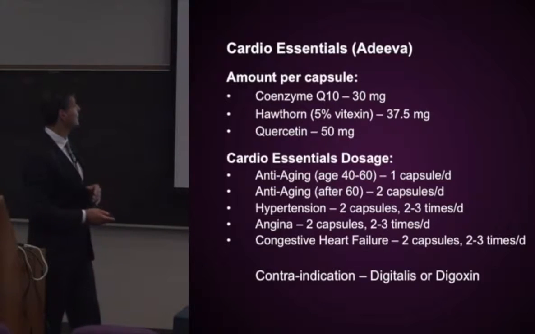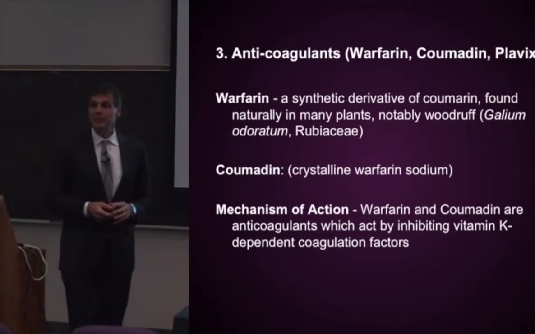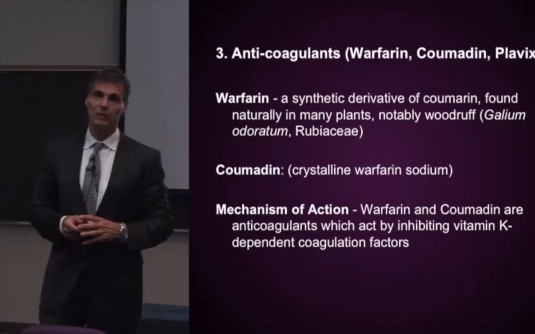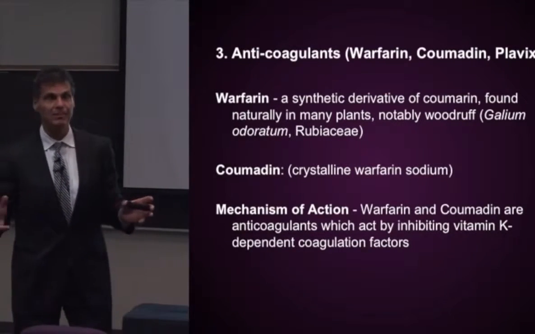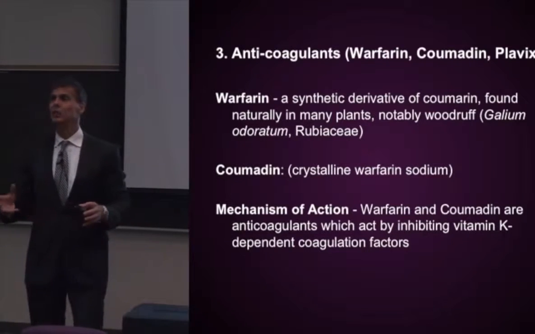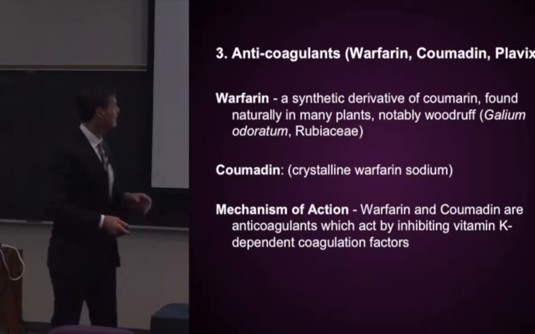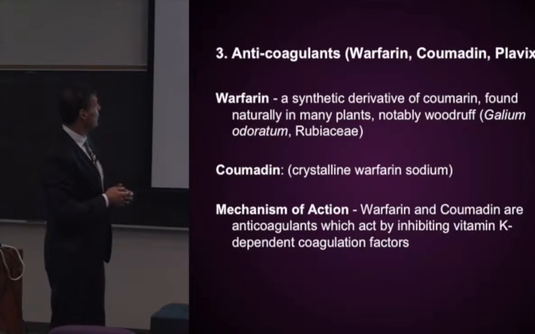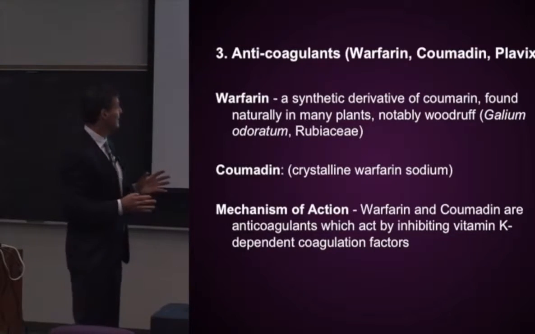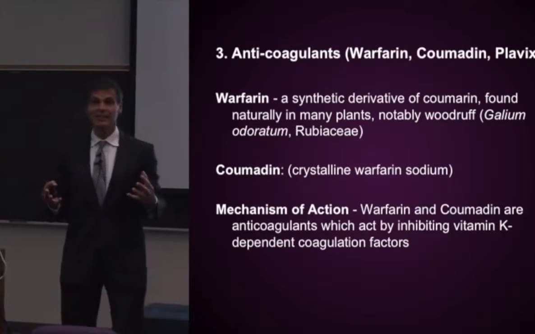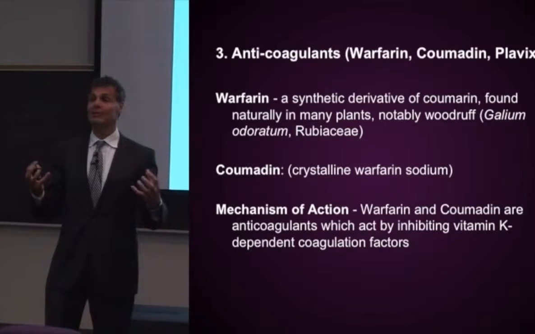And there's the contraindication. So this brings us to the final component of Lecture 1, which still relates to vascular disease, and that is the use of anticoagulant medications and agents. So warfarin is really a synthetic derivative of coumadin. A lot of plants contain what are called coumarins.